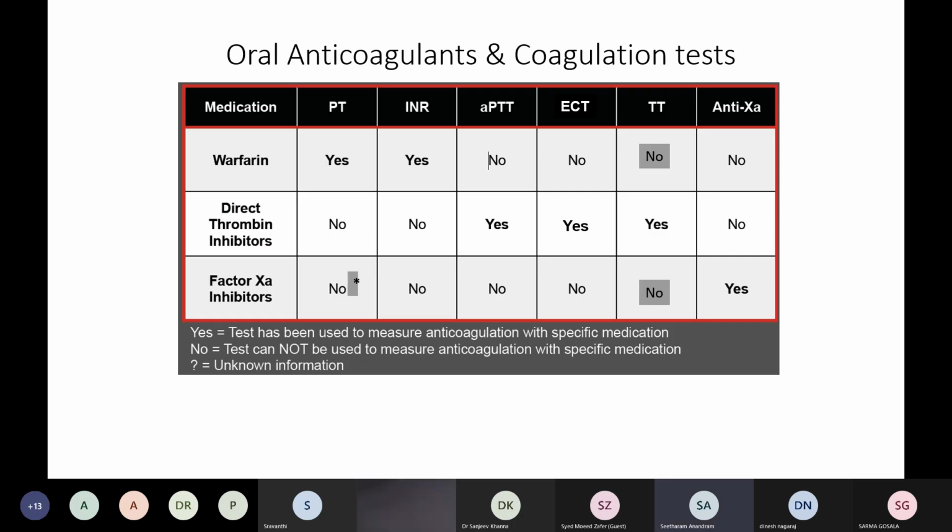This is again the same slide, which shows the various clotting parameters affected by warfarin, dabigatran, and the factor 10A inhibitor. As you can see, the PT is mainly affected by rivaroxaban, and the APTT is affected by dabigatran.